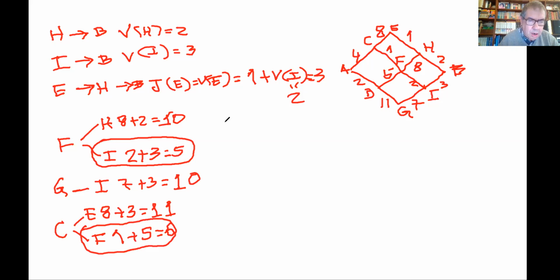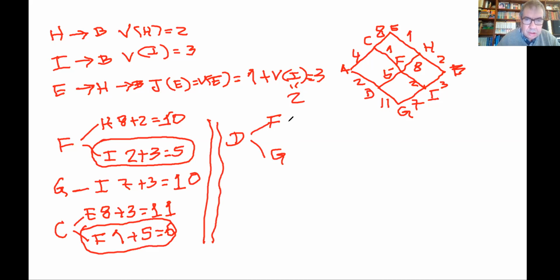If you are at D, you can go to F or to G. At this point, you now understand what the procedure is, but let's take it to the end. Don't fall asleep, okay, please. So if you go to F, it's 5 plus the value of F, and the value of F is 5.